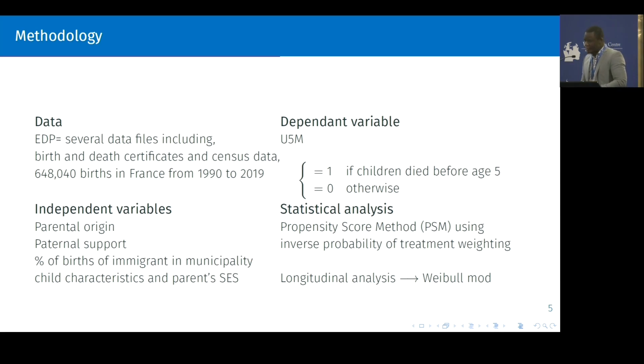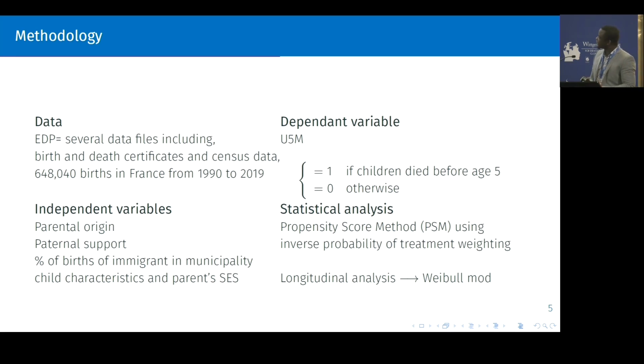Our dependent variable is under-5 mortality, a binary variable that indicates if children die before age 5 or not. The main independent variable is parental origin, measured as the mother's origin country.